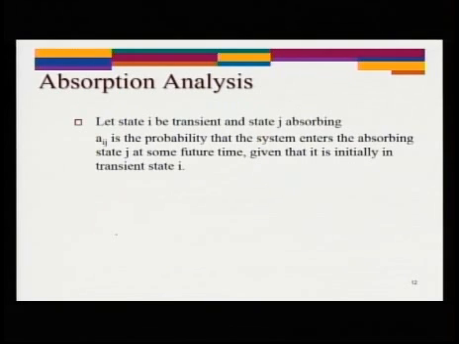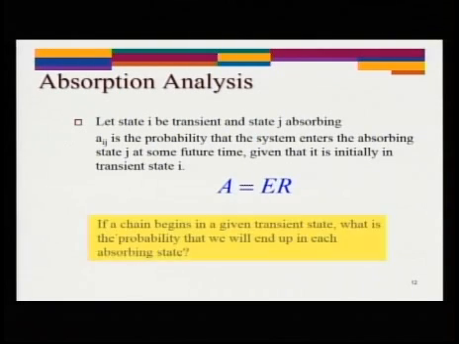And second question, saying that starting from a transient state, what is the probability that you end up in each of the absorbing states? Okay? And the answer can be obtained from the A matrix, which is from this. Okay? So that's what we talked about last time.